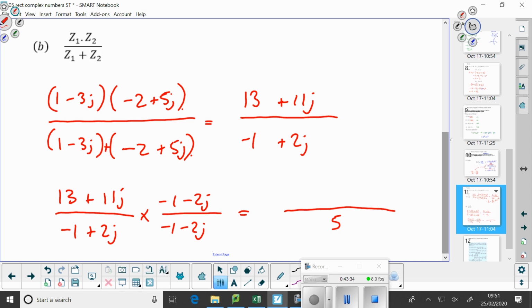And the top line: 13 times minus 1 is minus 13. 13 times minus 2 is minus 26j. 11 times minus 1 is minus 11j, and 11 times minus 2 is minus 22j squared.